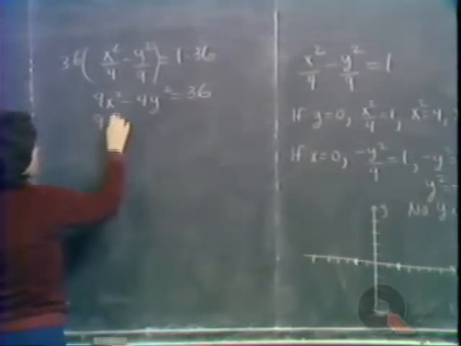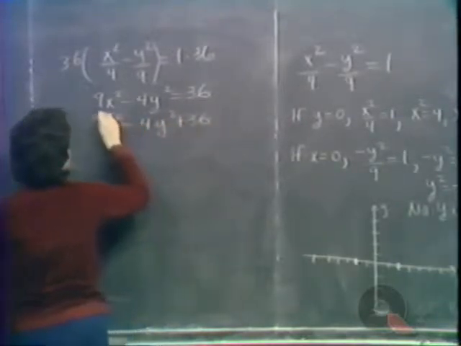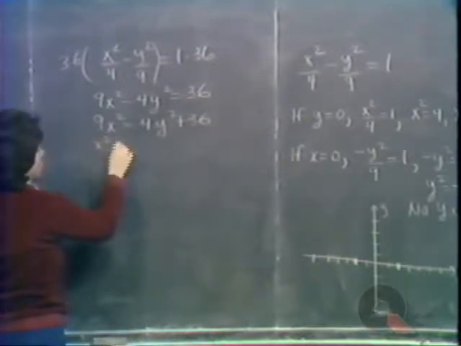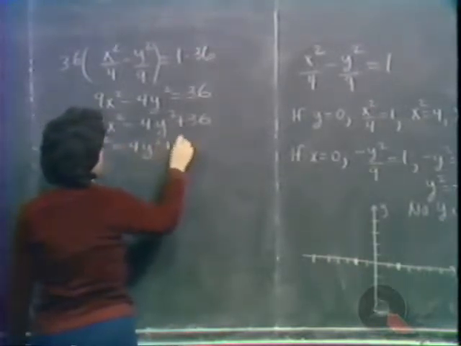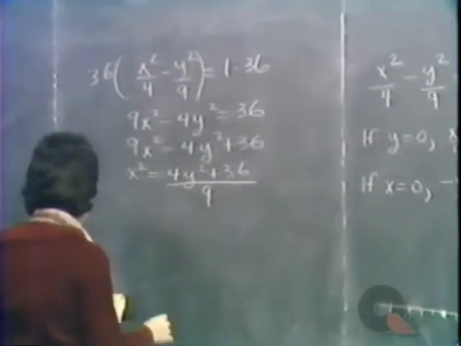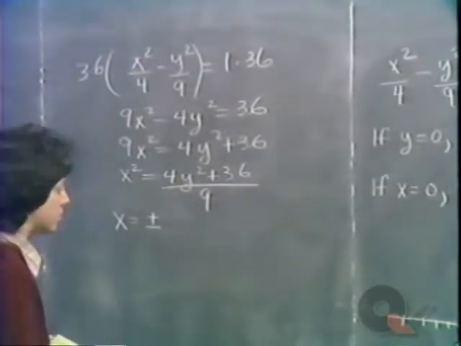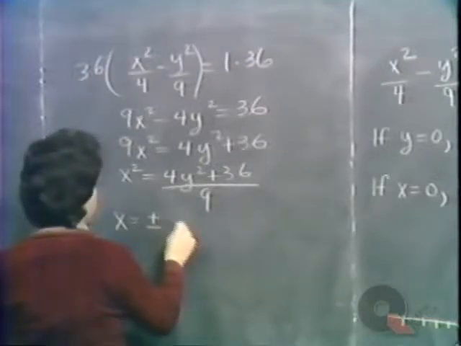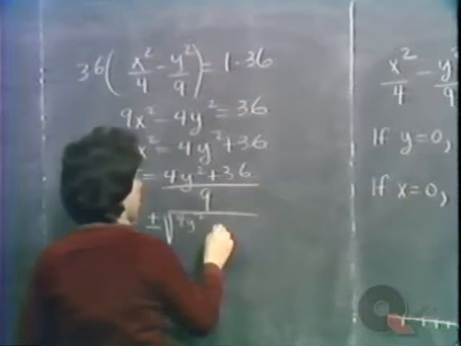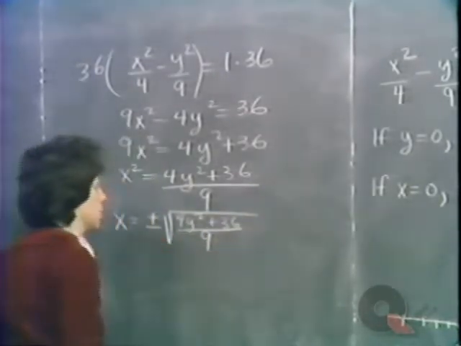Then we can say 9x squared is equal to 4y squared plus 36. x squared is 4y squared plus 36 over 9. x is equal to plus or minus the square root of 4y squared plus 36 over 9.